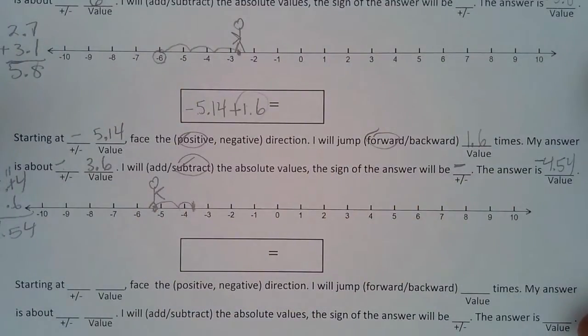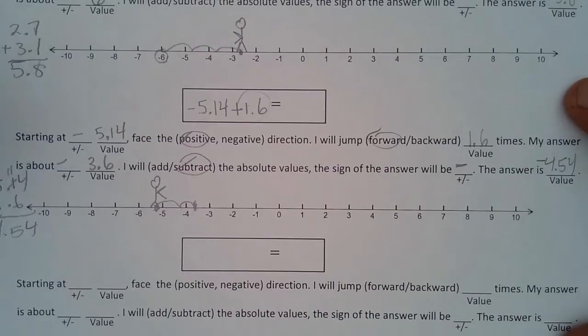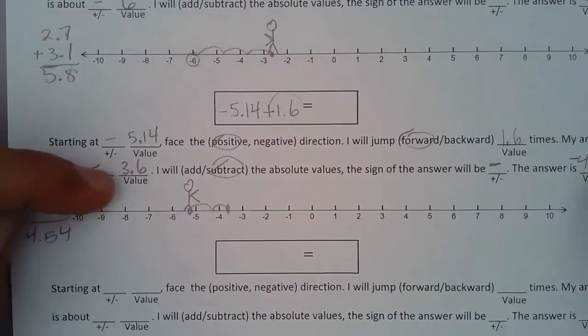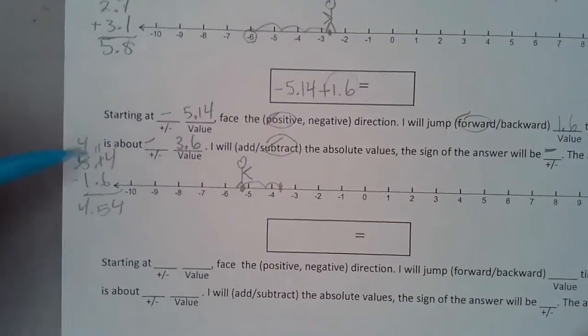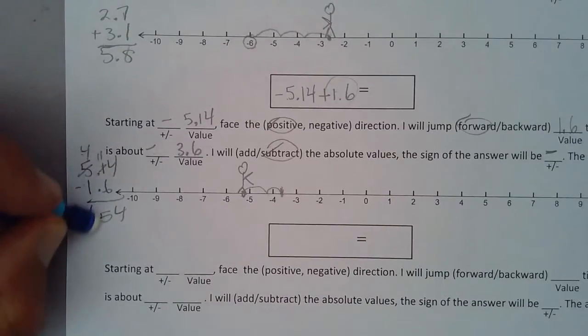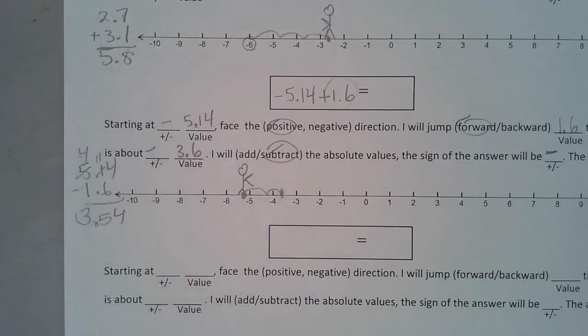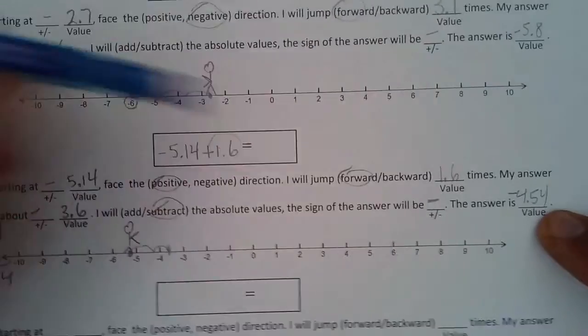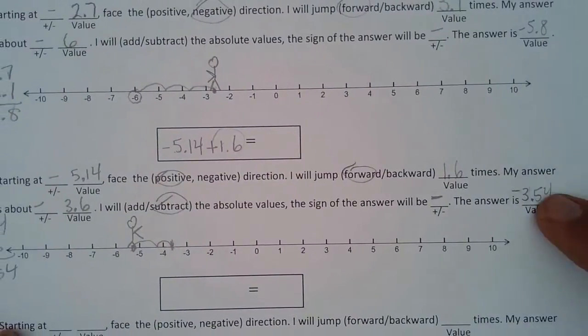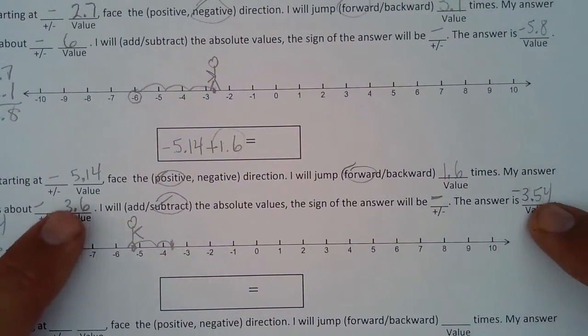And I think I see, yes. Wow. Look at that. This is how it's helping me right here. I realize 4 minus 1 is actually 3. 3.54. Haha. That is perfect. It's almost as though I planned it. There you go. Negative 3.54. And 3.54 is pretty darn close to 3.6.